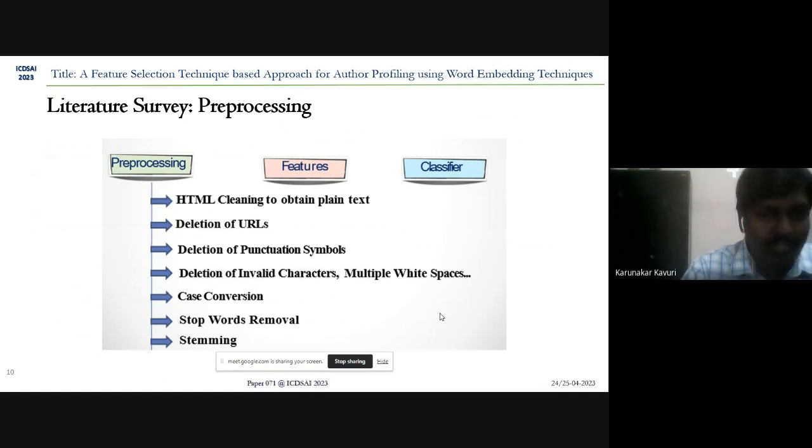The case is converted into lowercase, and stop words are removed. To analyze the text, there is no need for unimportant words like a, and, the, under, behind, before. Those words have little discriminative power, which is why we remove them from the training data. Stemming: in order to find the root word, we use stemming.